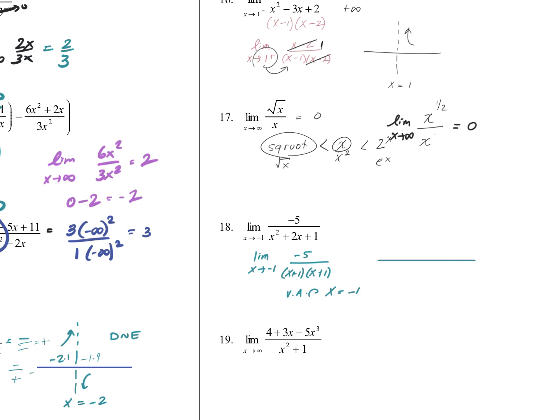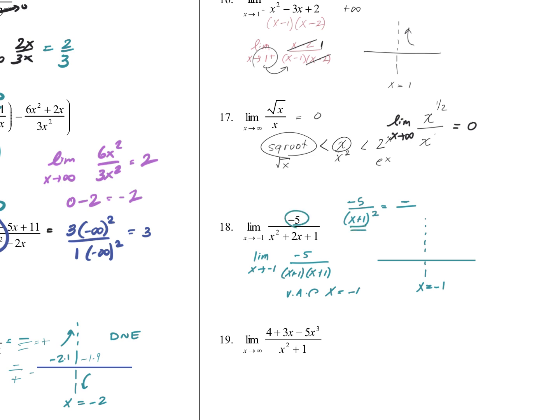All right, so we're going to test around x equals negative 1. I need something smaller than negative 1. So this is kind of that weird case because on the bottom here we're going to have negative 5 over x plus 1 squared. The top is always going to be negative because there's nothing to plug in here.